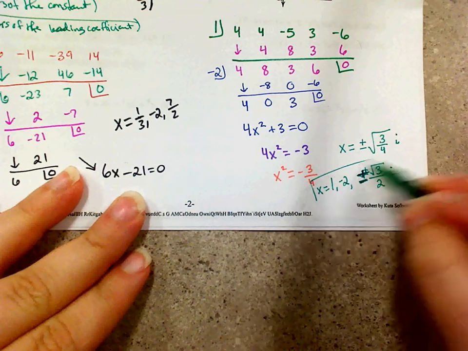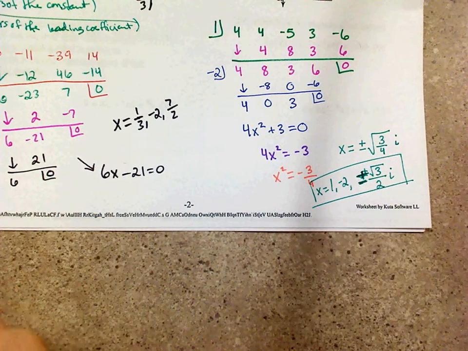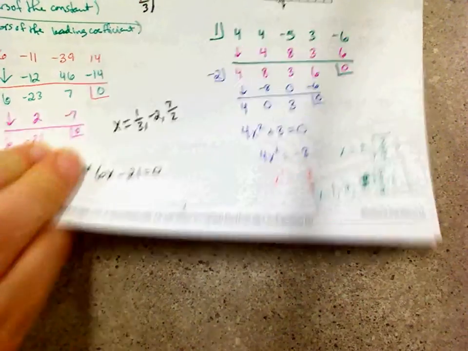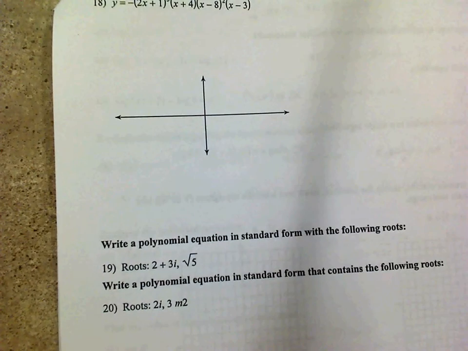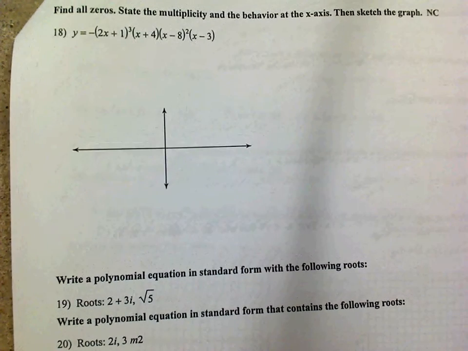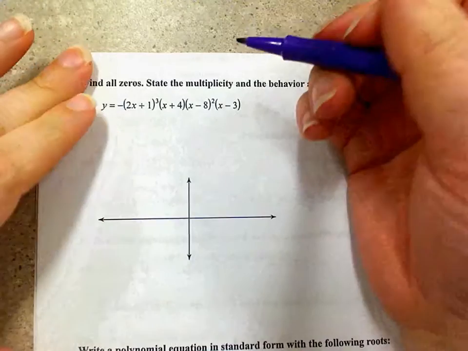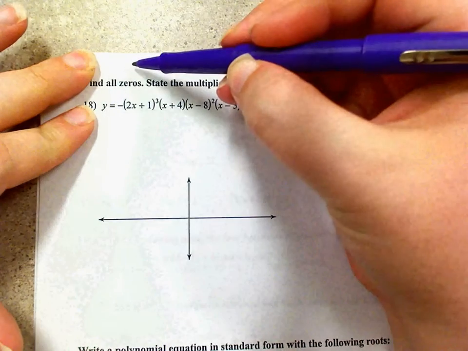Okay, let's move on to 18. Find all zeros, state the multiplicity and the behavior at the x-axis, then sketch the graph. Okay, so quick question. Do you remember what it means to have a multiplicity of 1 versus 2 versus 3? Okay.